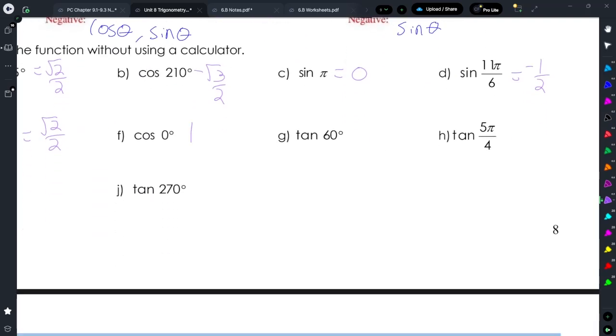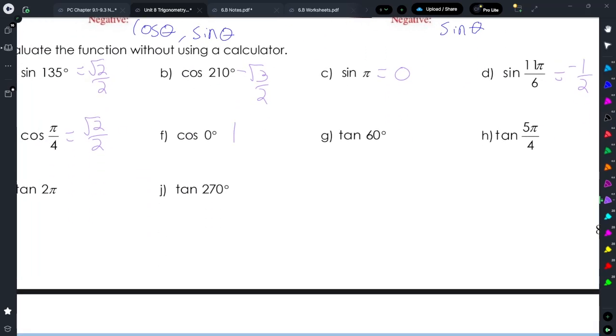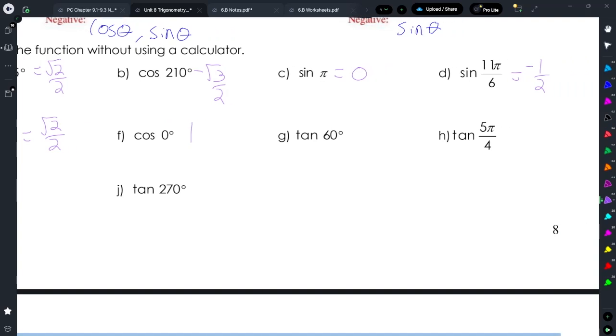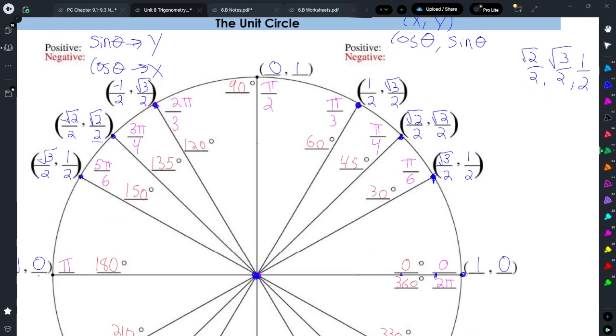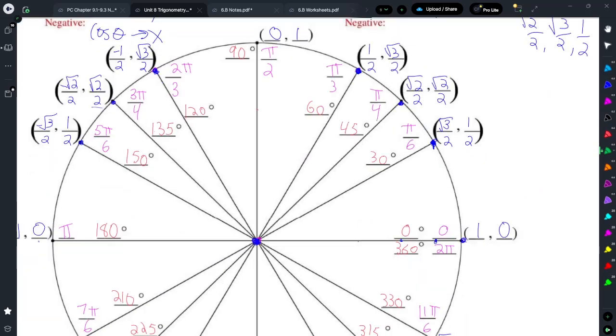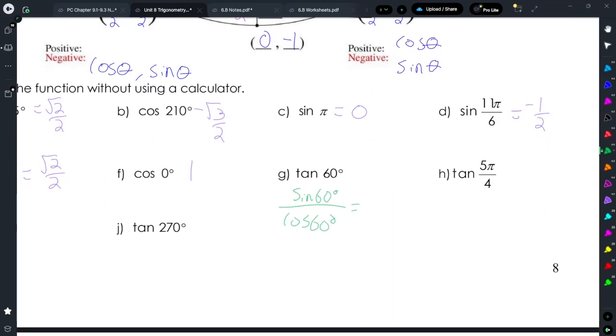Now, tangent. You could always just figure out the tangents and say, well, tangent of 60 is the same thing as the sine of 60 degrees over the cosine of 60 degrees, and then go back up here and say, okay, sine is the square root of 3 over 2, and the cosine of 60 is 1/2.